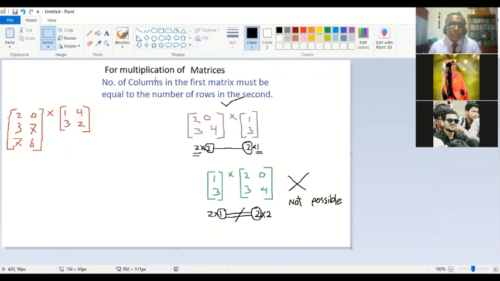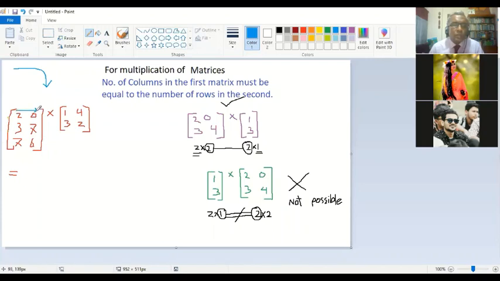So for the red color example, I am doing the multiplication, and the first thing is you follow a direction. What is the direction? Horizontally, you start from the left side and then vertically you come down. The first row is 2, 0.